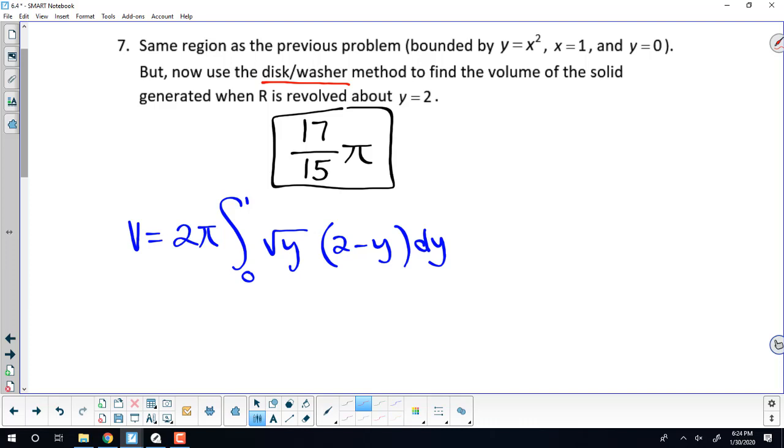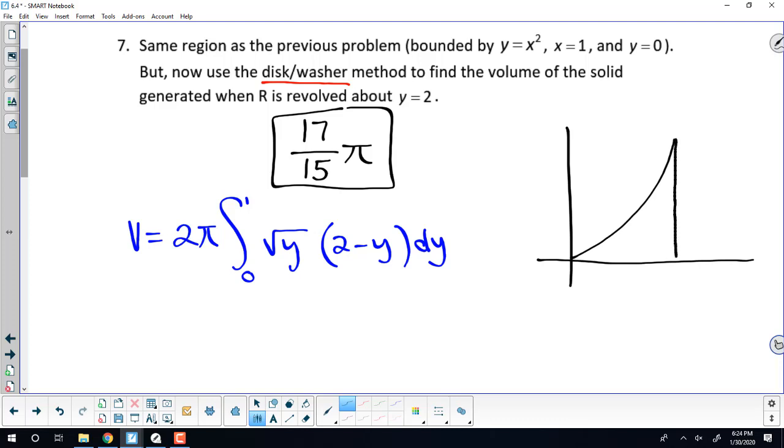That looks like shell method if we're revolving it around y equals 2. The shells are parallel, so that's dy. So that looks like a shell method to me, not disc washer. It's the same region we had in the previous problem.